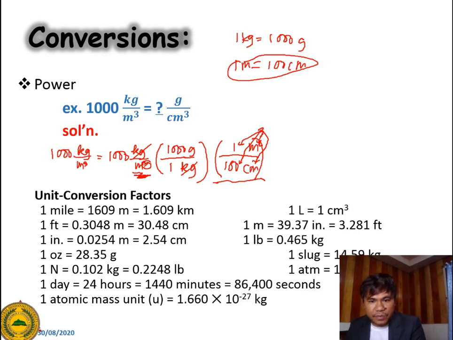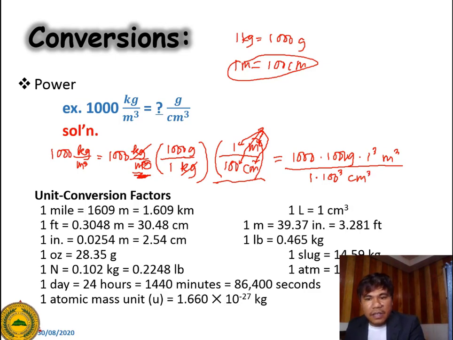So basically we have 1,000 times 1,000 grams times 1 meter cubed, and at the denominator we have 1 times 100 to the power of 3, and then centimeters to the power of 3. So notice that this is cancelled by the meters at the denominator, which is found here. So I have that one.